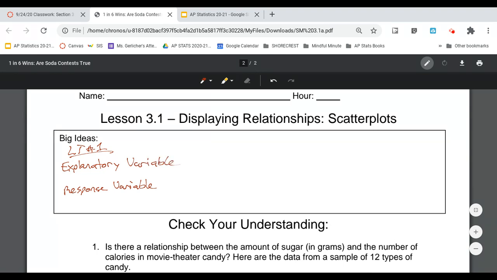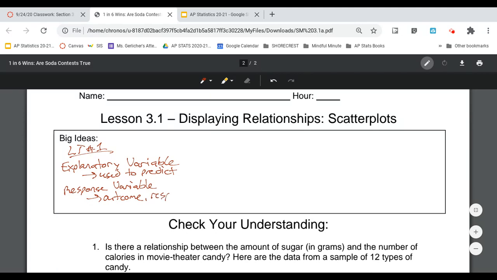It does tend to matter more with the quantitative, which one is explanatory and which one is response, because you're going to make a scatter plot of this and you have to decide what goes on your X and what goes on your Y. So explanatory variable is used to predict the response variable. That's the outcome.